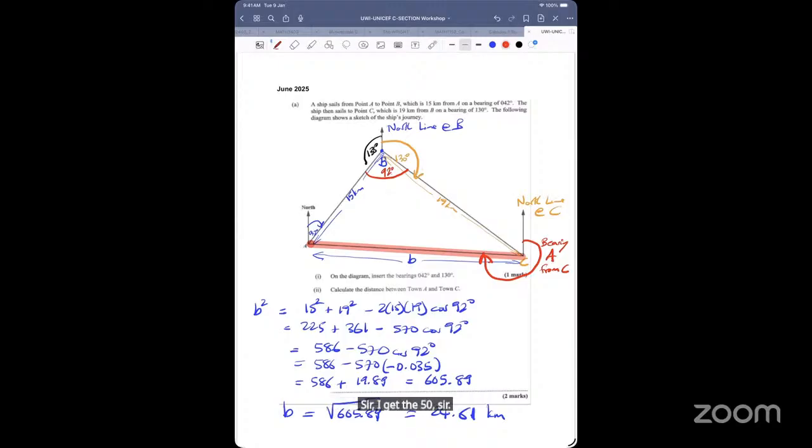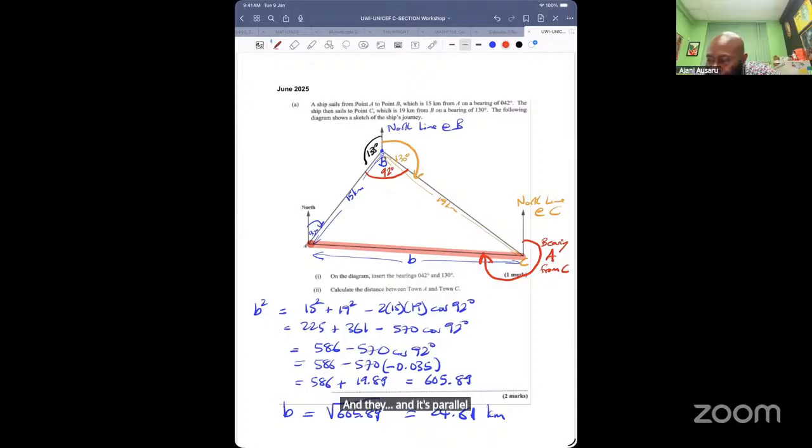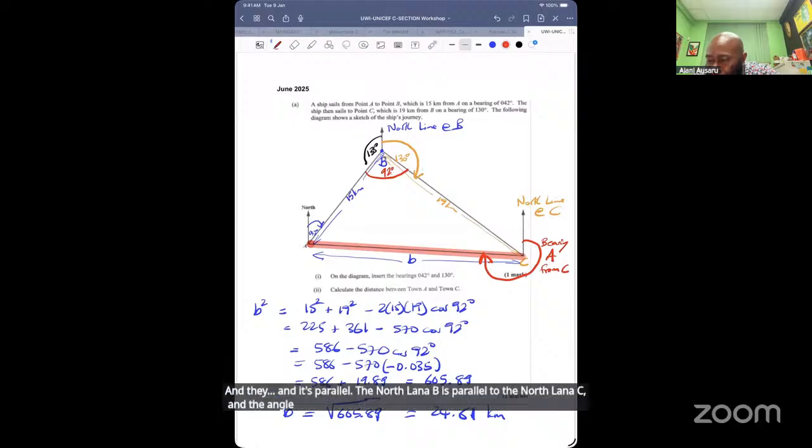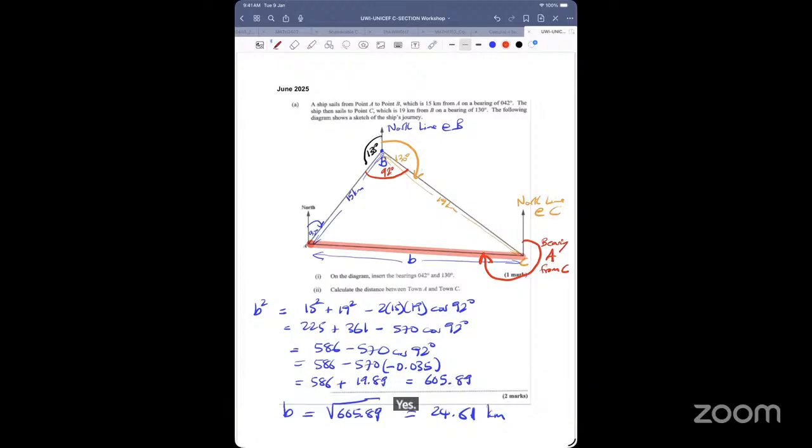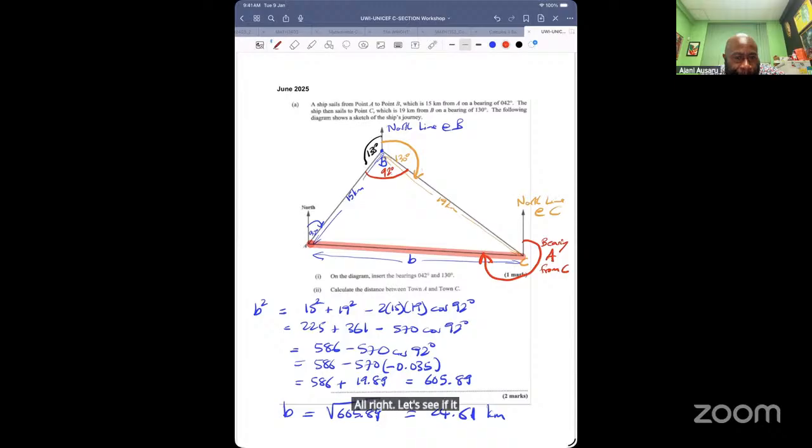Oh. And it's parallel. The north line at B is parallel to the north line at C. And the angle there is 130 at the top. So the other angle down there, their supplementary should be 50, correct? Yes, sir.